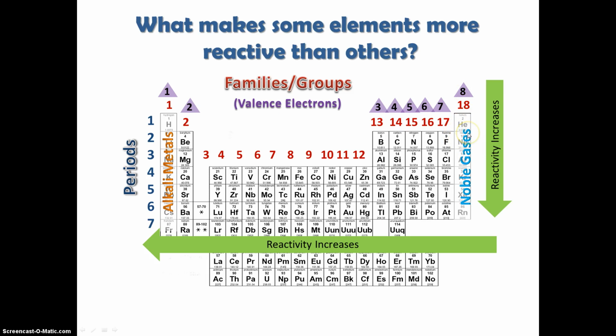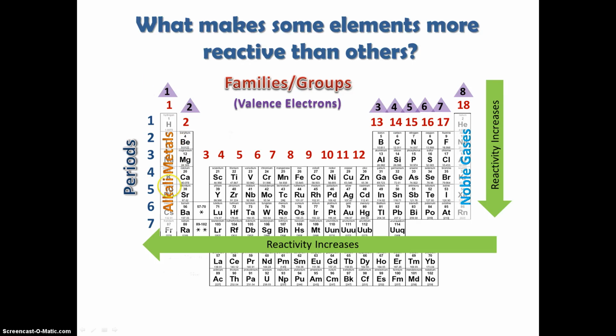So guess what makes the noble gases so stable? The fact that they have 8 valence electrons. In fact, the most you can have in an outer energy level of an atom, or the valence shell, is 8. And because their valence shell is full, because they can't take any more valence electrons, they are stable.